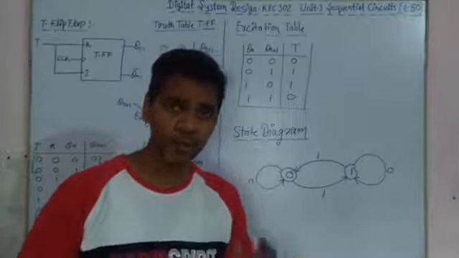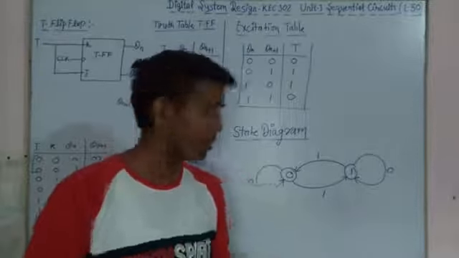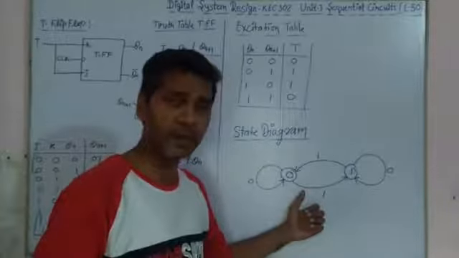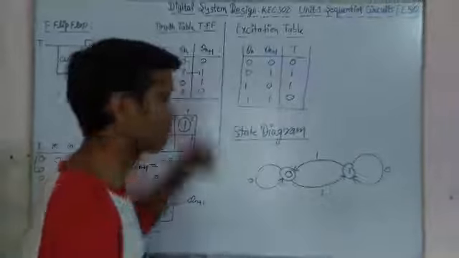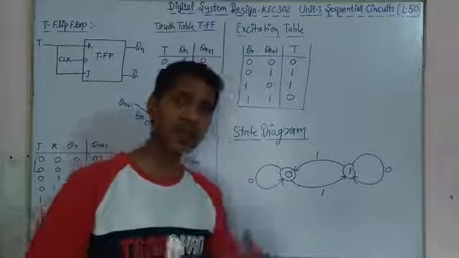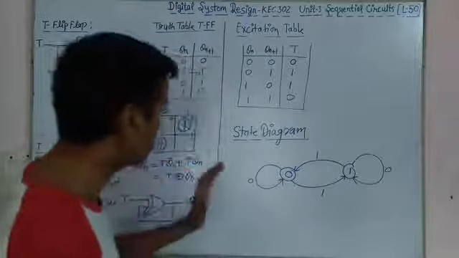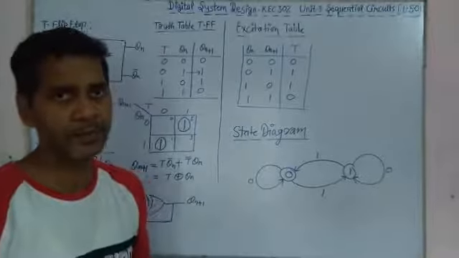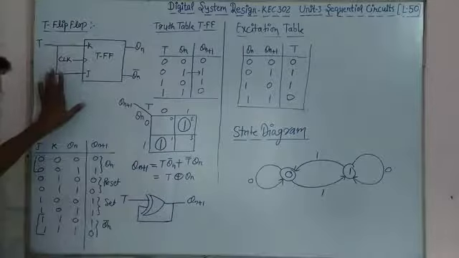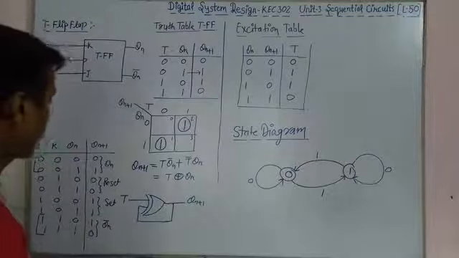So if you have a state diagram, first you have to convert it into the truth table. After that, you can do everything you want. This is the basic fundamental concept. So this is the T flip flop.